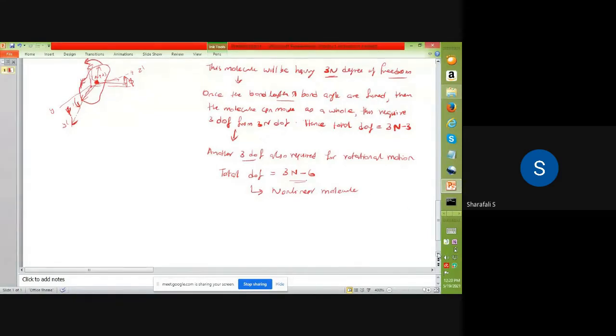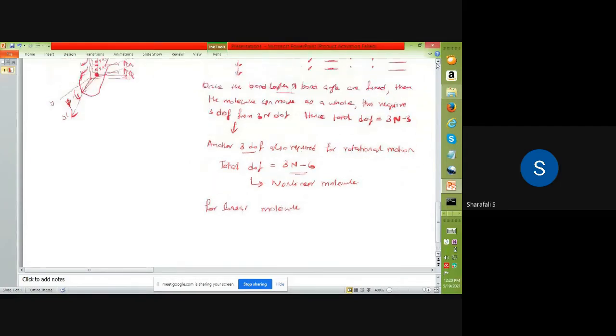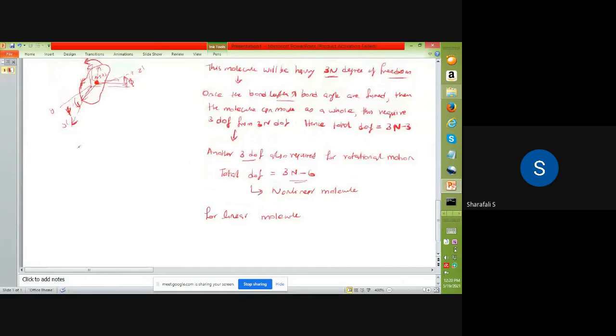Why is it different for a linear molecule? For a linear molecule, rotation about the axis is not possible. For example, consider the carbon dioxide molecule. This is a linear molecule, so it can rotate like this, in the plane of this paper, this screen, and it can also rotate into and out of the plane of the paper like this.